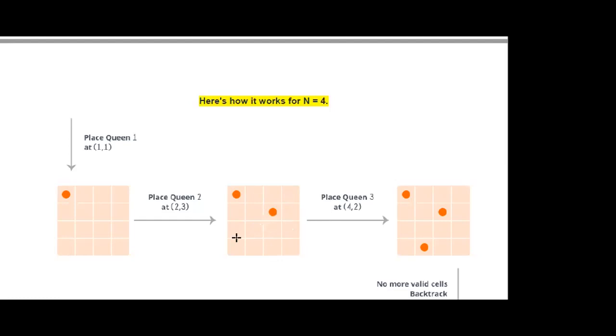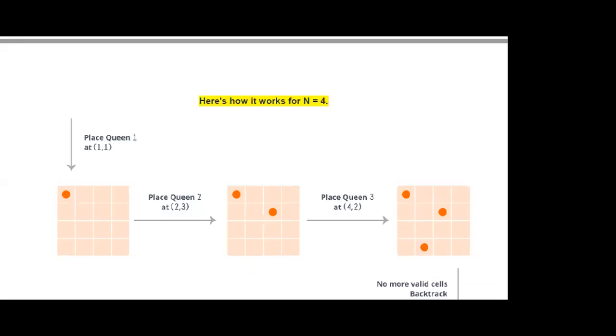Let's check again in the fourth row. This slot is also covered by this queen, but this slot is empty and not attacked by either of the two queens. So in the next iteration, we are placing the third queen at this place, which is the fourth row and second column. It means we are placing the third queen at (4, 2).